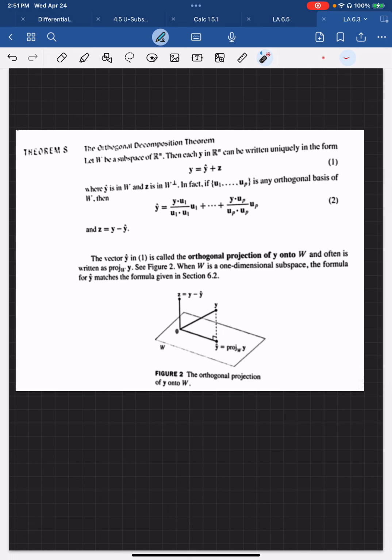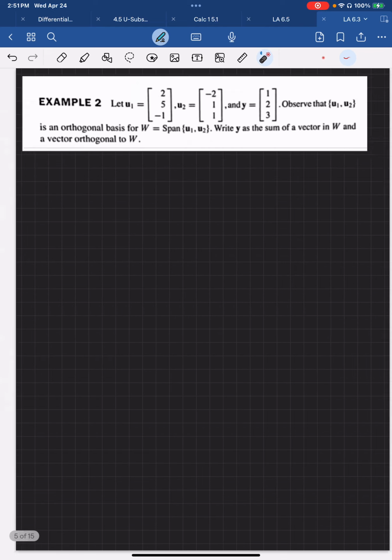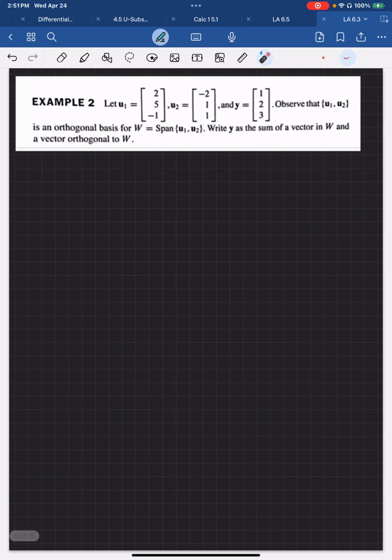We're going to make this theorem come alive through the next example, and that's what we'll do. So ready? So example 2. Let me read. It says, let u1, u2, and y be the following vectors.